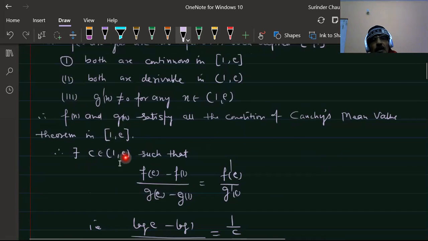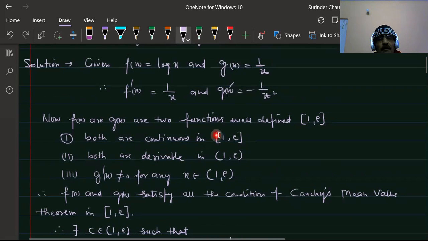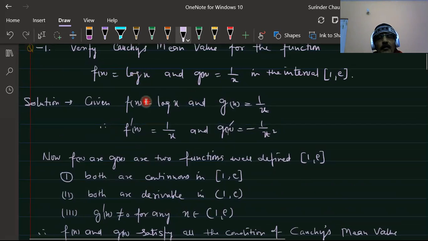Therefore, there exists a real number c belonging to the open interval (1, e), such that f'(c) upon g'(c) is equal to (f(e) minus f(1)) upon (g(e) minus g(1)). Now substitute the functions and derivatives: 1 upon c over minus 1 upon c squared, and f(e), f(1), g(e) and g(1) from these functions.